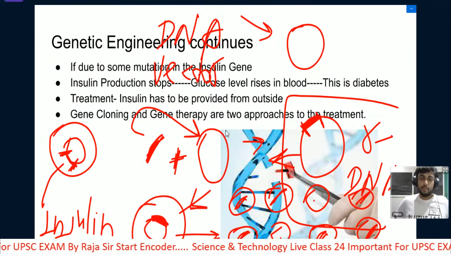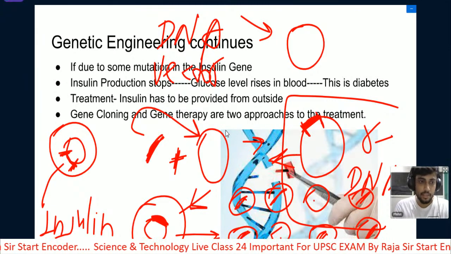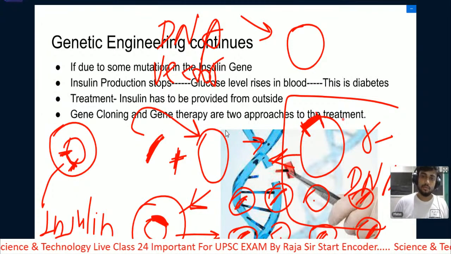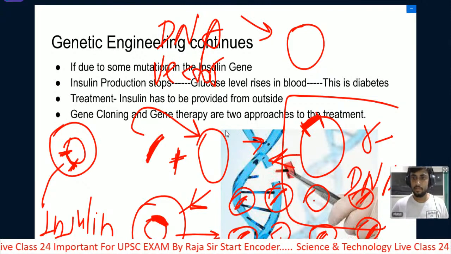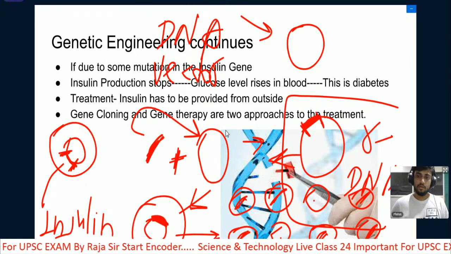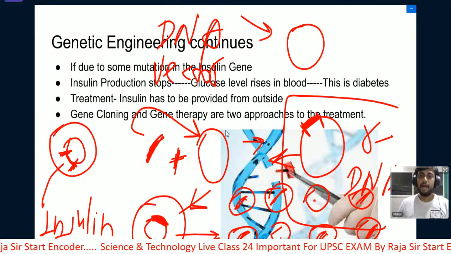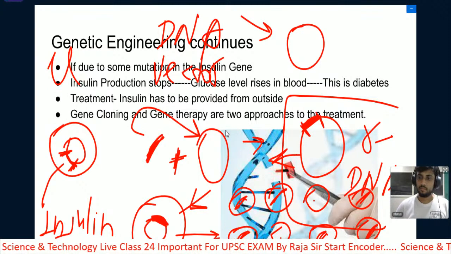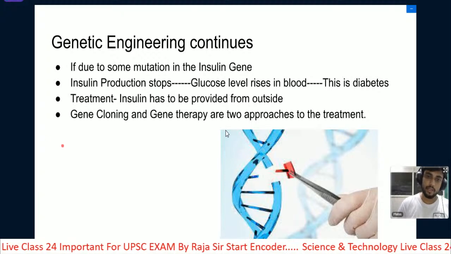Now the industry people, what they do is they can easily isolate this insulin gene from these bacteria, and from this insulin gene they produce the chemical. They isolate the cloned gene. The biotechnologist or the industrialist isolates the cloned gene.